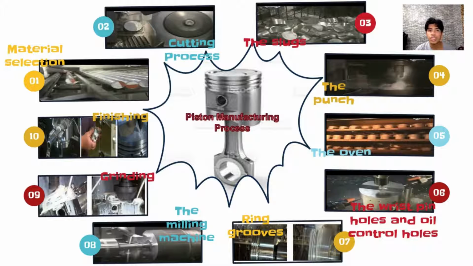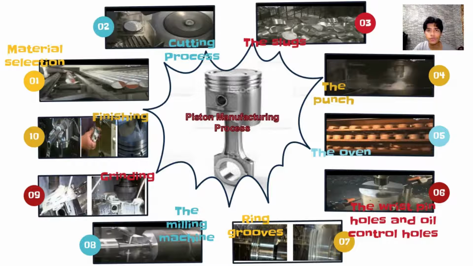In the respin holes and oil control holes process, a large hole is drilled through both sides of the piston, and oil control holes are drilled along the slug. After that, by using a lathe machine, 3 ring grooves are created.